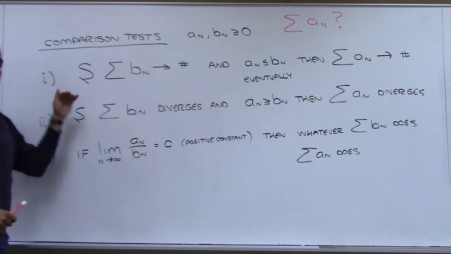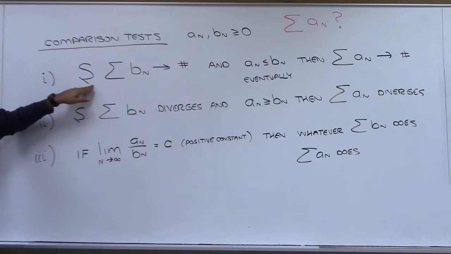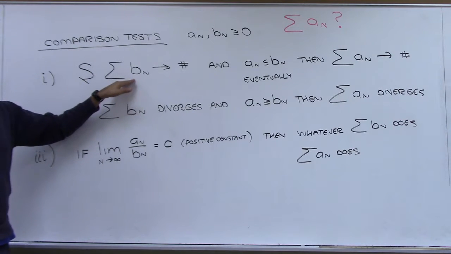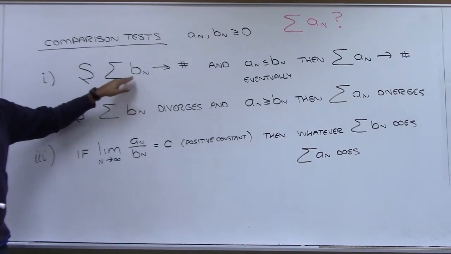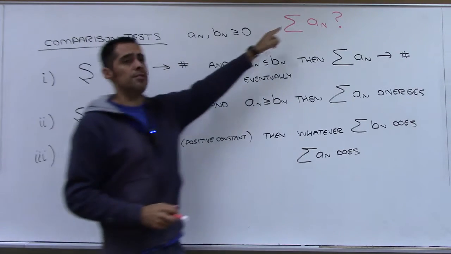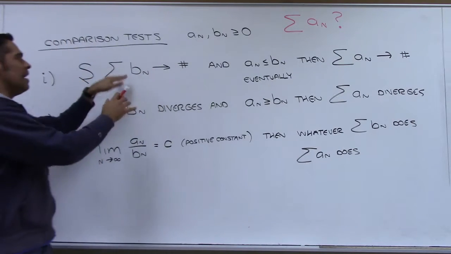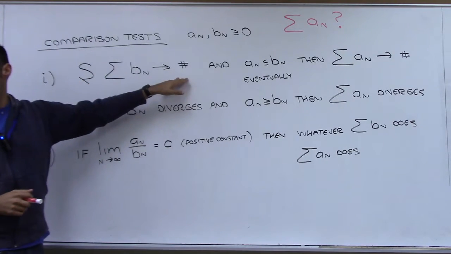So there are 3 different comparison tests, all right? Depending on what you have, you'll determine which of these you want to use. So suppose that you choose another series that converges that you're going to compare this to. You look at that and say, you know what, that kind of looks like this thing, and it converges.